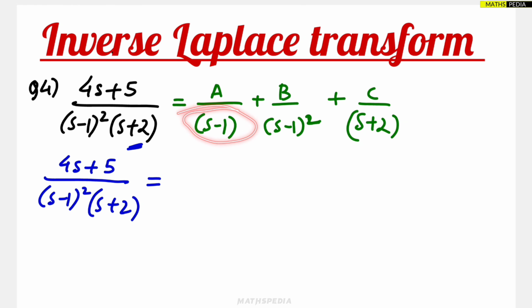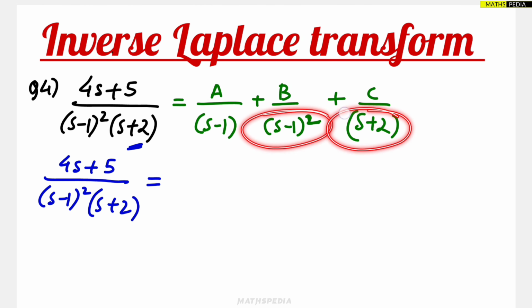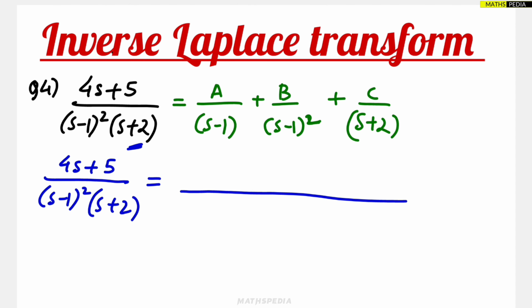Here (s minus 1) squared is there and (s plus 2) is there, so the LCM will be (s minus 1) squared into (s plus 2), the same as the LHS denominator.